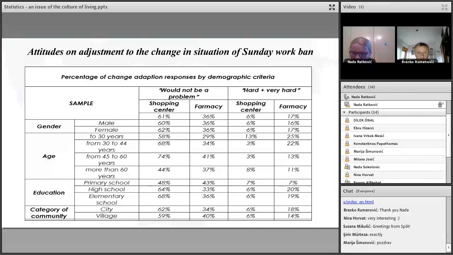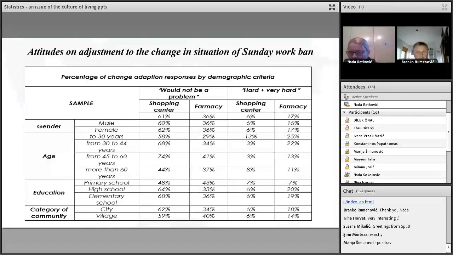We see that 60% of males gave that answer. About pharmacy, 36%. When we look at the age, from 30 to 44 years, 68% think that it would not be a problem to have non-working shopping centers.